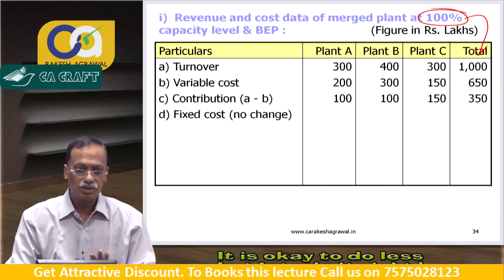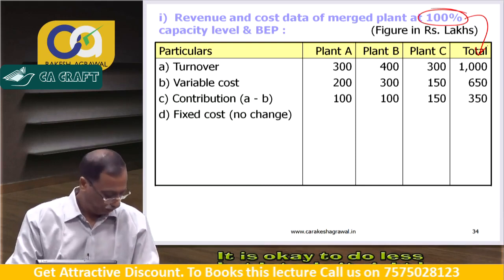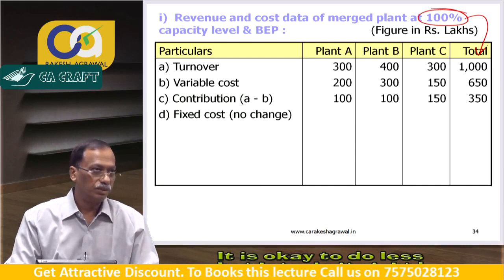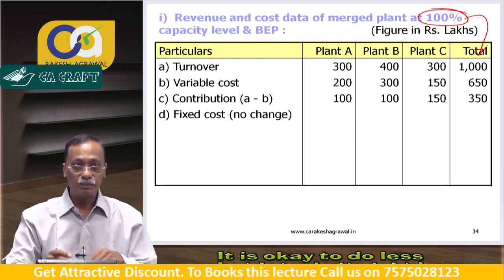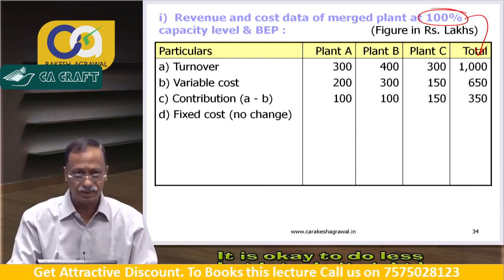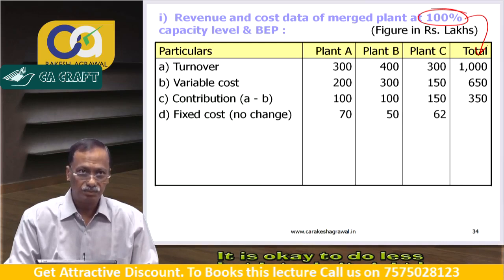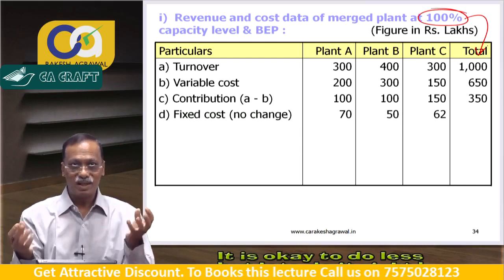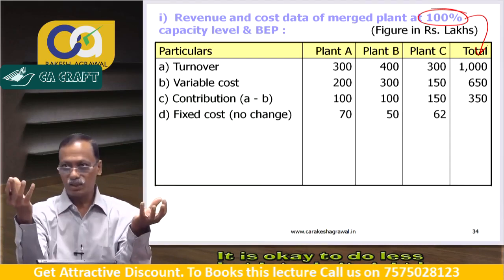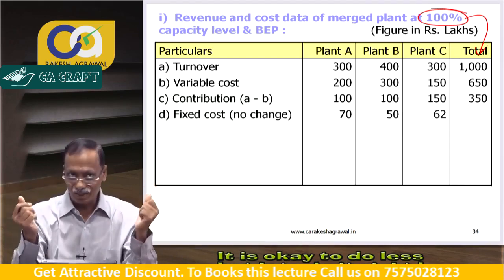D, fixed cost, write down no change. Fixed cost no change because fixed cost remains constant for that period irrespective of production capacity. Fixed cost as it is copied: 70, 50, 62. But you have to add them for merged plant. Like I have to add the rent of classroom 1 and classroom 2 and I have to pay total rent now.